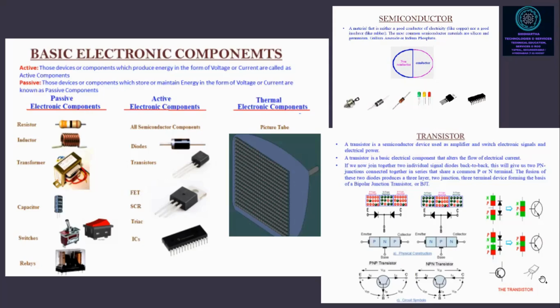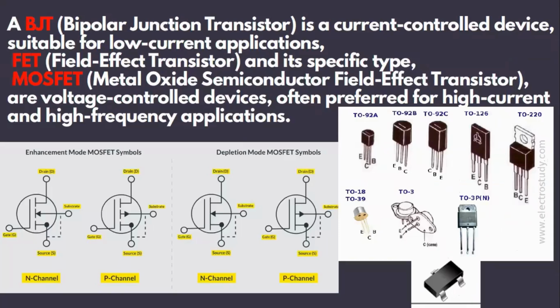Please remember, when a third P is added to P and N, it becomes PNP. When an N is added, that is two Ns with P in the center, it becomes NPN. So there are two types of transistors, PNP and NPN. You should remember the symbols and how they look. This is very, very important for us.